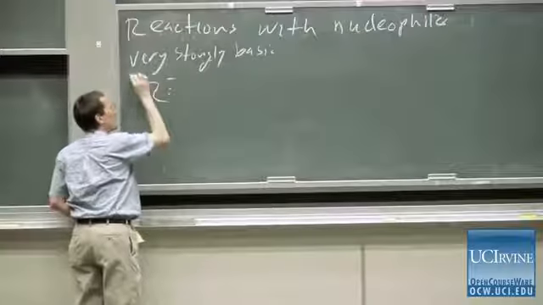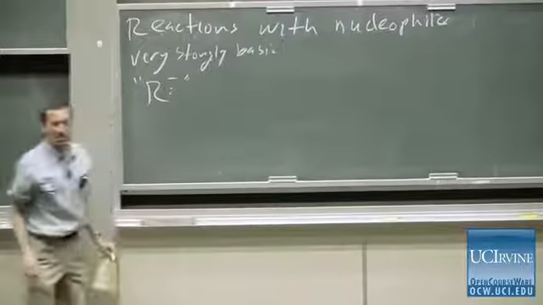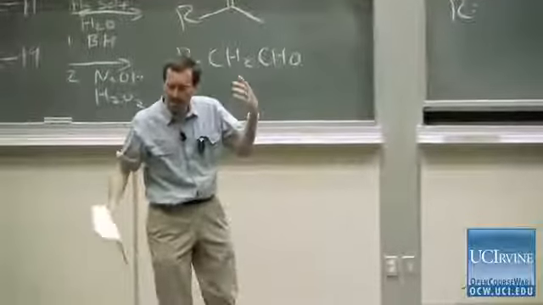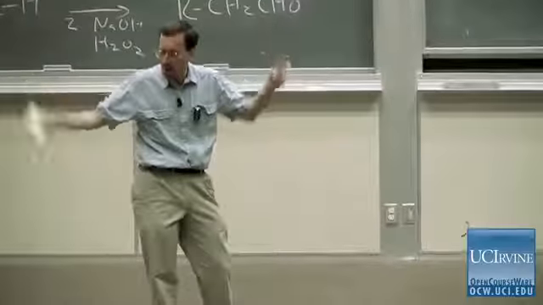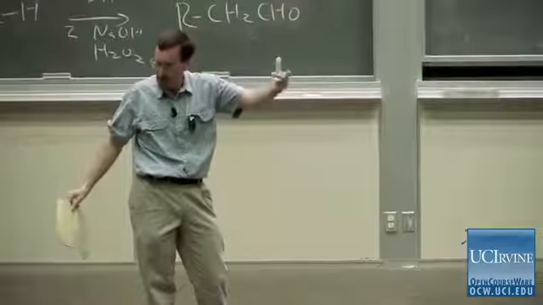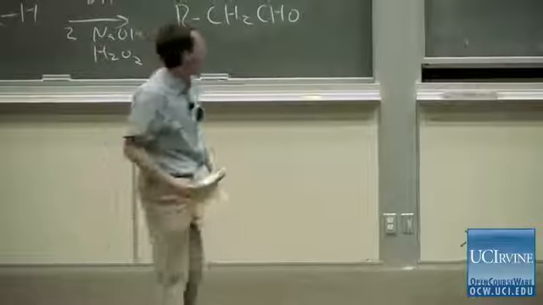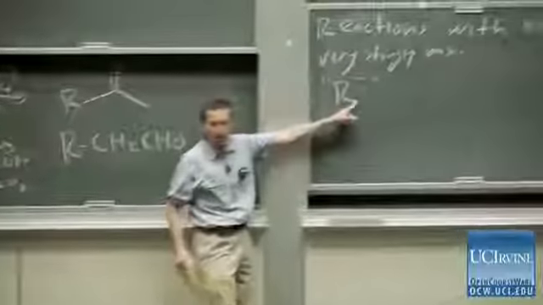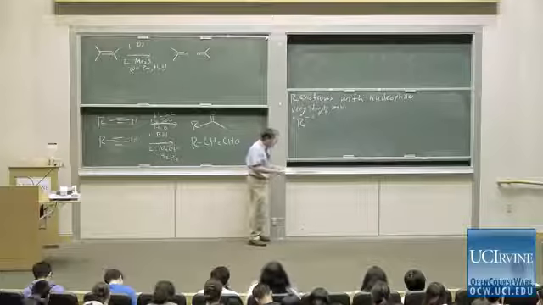R- alkyl nucleophiles, Grignard reagents, and organolithium reagents. Of course, these are not naked carbanions. They're covalent bonds between magnesium and carbon or between lithium and carbon. But you can think of them from a mechanistic point of view as R-.